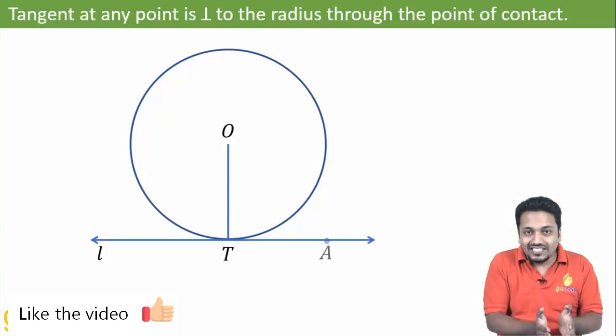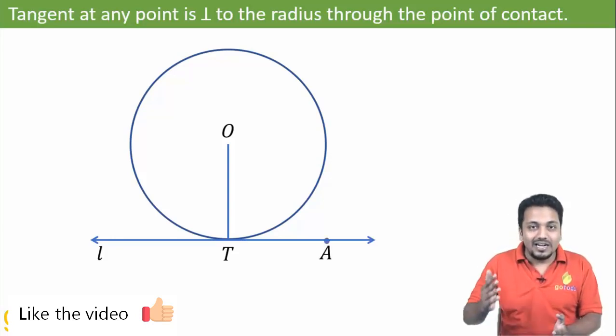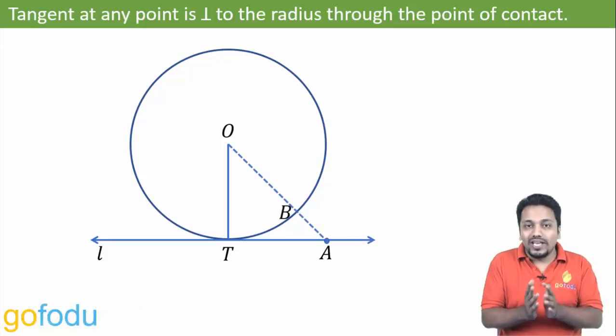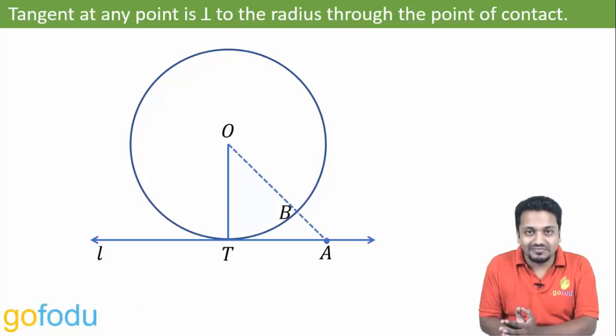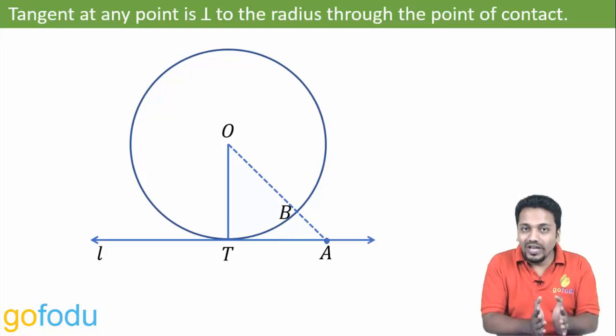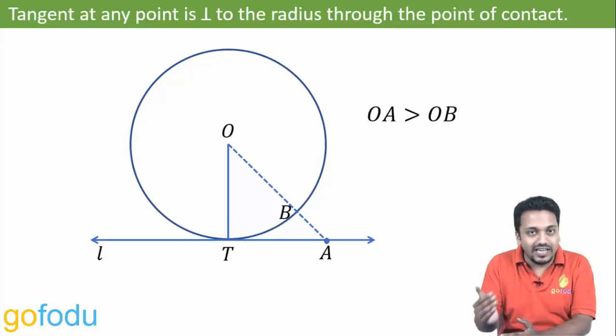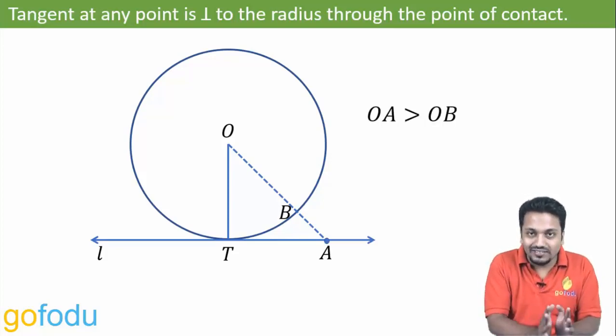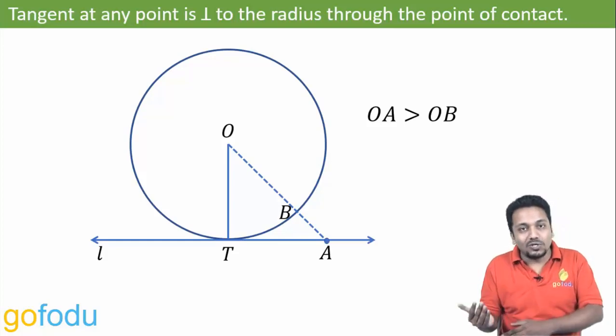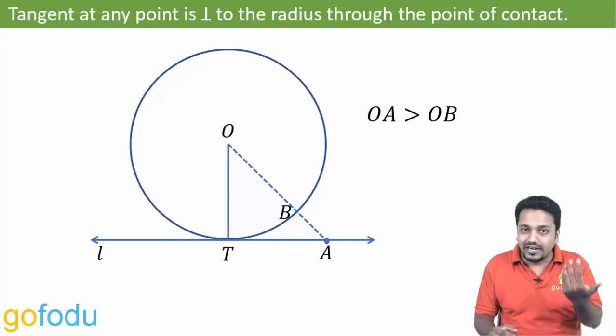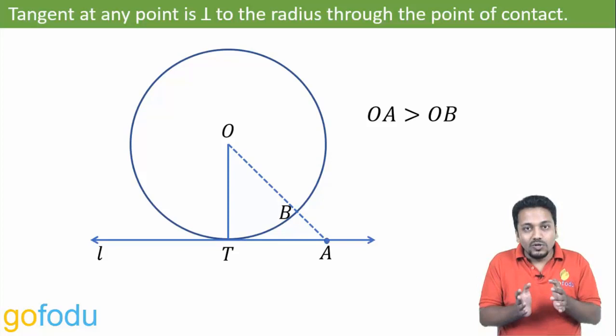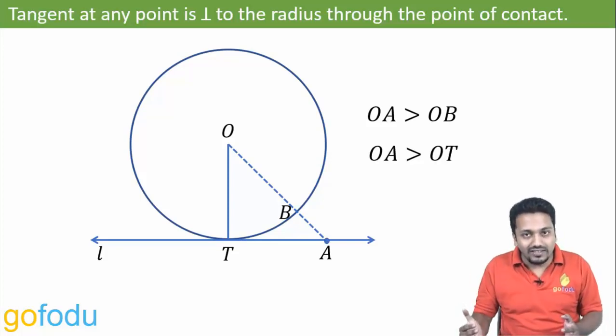Here, A is another point on the tangent and B is the point where OA cuts the circle. OA is greater than OB as A is outside the circle, okay? And OB is equal to OT as they both are radii. So, I can write OA is greater than OT.